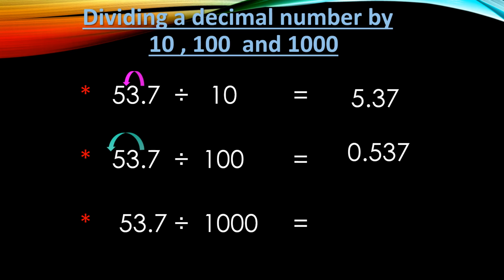Like in multiplication, you have to put a 0 here, then you can shift this decimal point 3 places to the left. So the answer is 0.0537. I think it's clear for you.